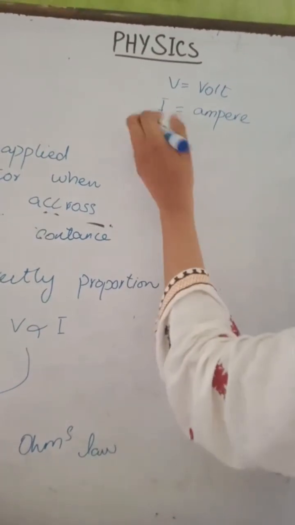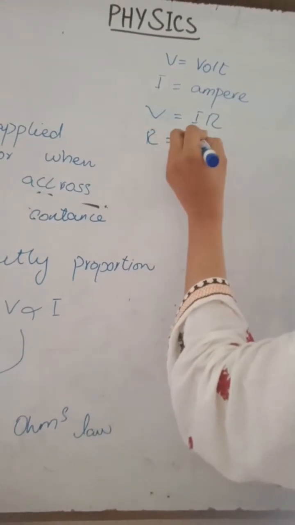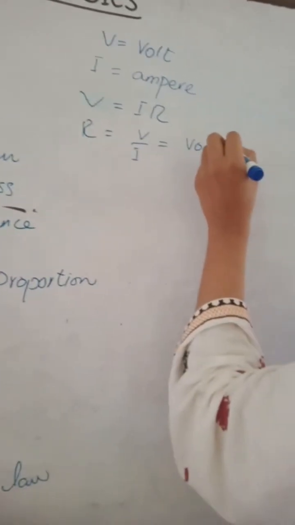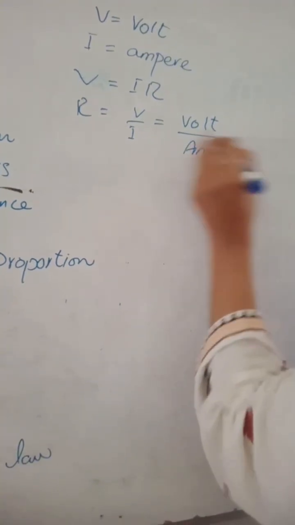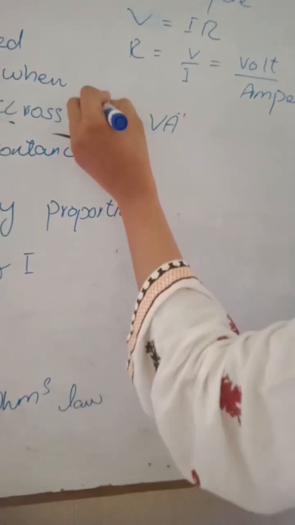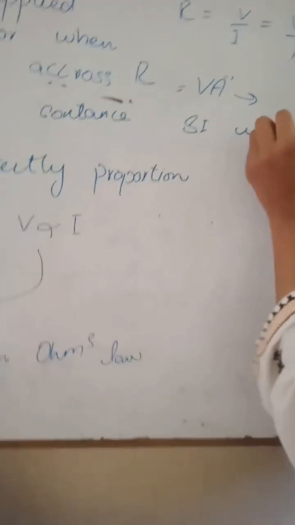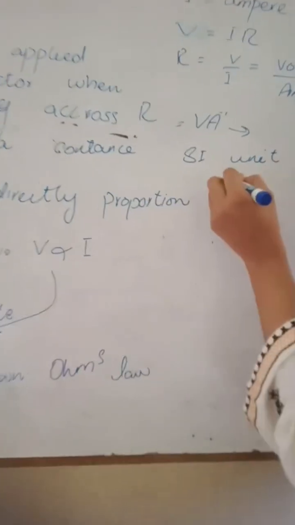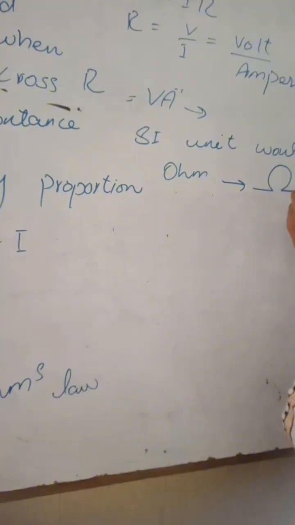V is equal to IR, so R is V over I, volt over ampere, volt per ampere. This is the unit of resistance, and its SI unit would be ohm, which is represented by this symbol.